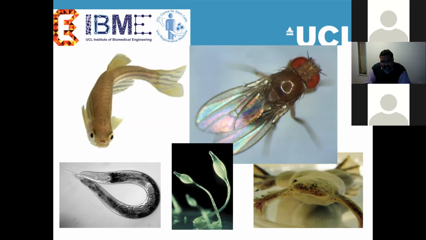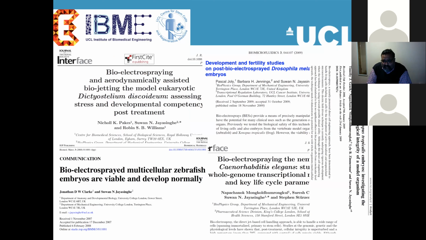Obviously, the Home Office in the UK didn't allow us to take the zebrafish, the fruit fly and the frogs beyond a certain stage. But with worms and Dictyostelium, the Home Office doesn't care, and we took them all the way. And we showed that their ability to reproduce is not perturbed.